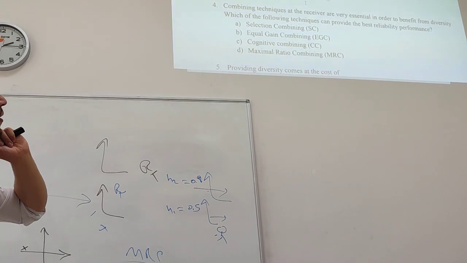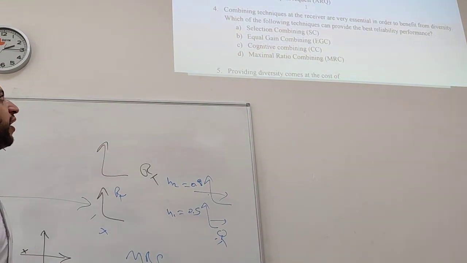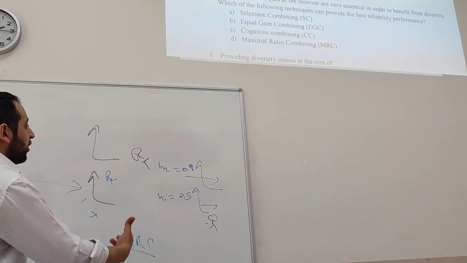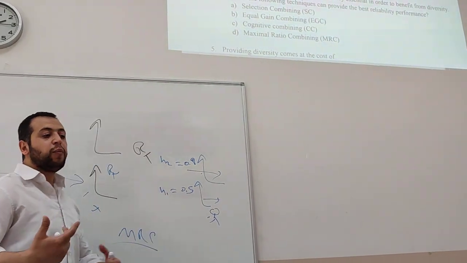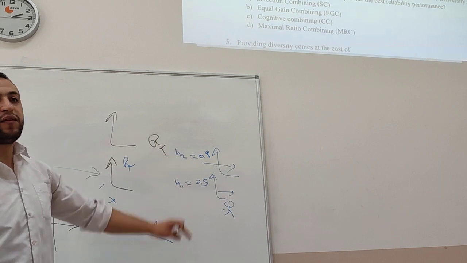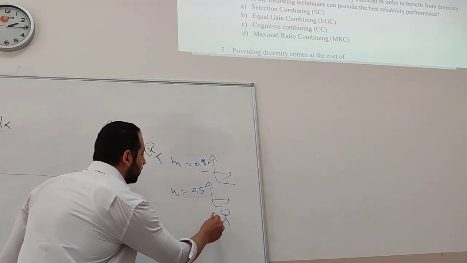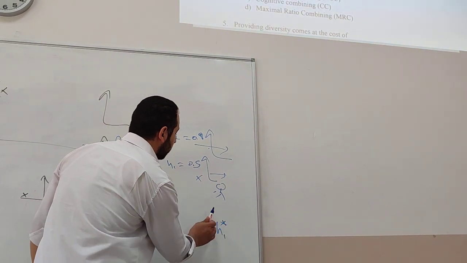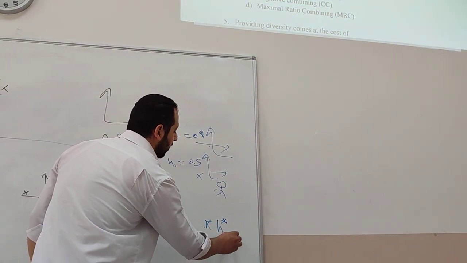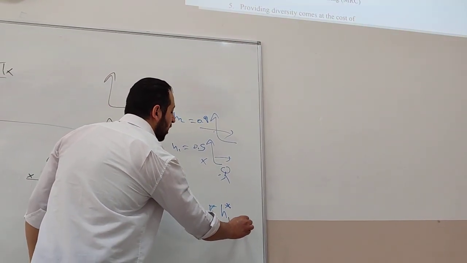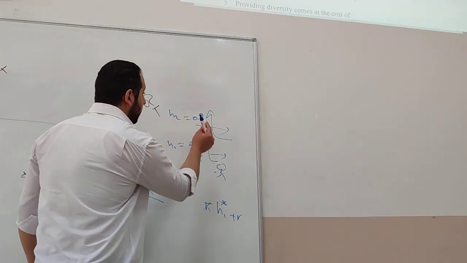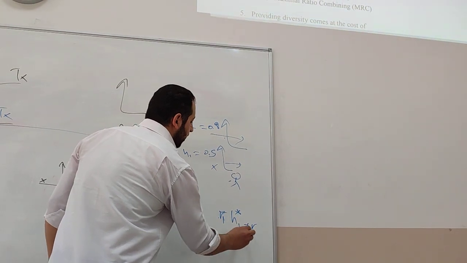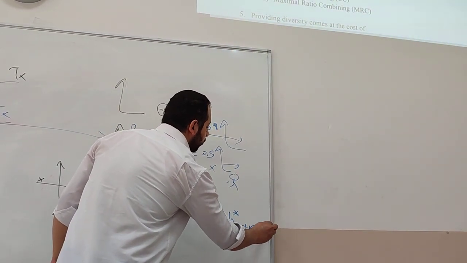Cognitive combining and maximum ratio combining. The optimal way of receiving your signal if you are a receiver with multiple antennas is to use maximum ratio combining, because in this case you will receive the first signal R1 and multiply it by H1 conjugate, and the second received signal R2 by H2 conjugate.